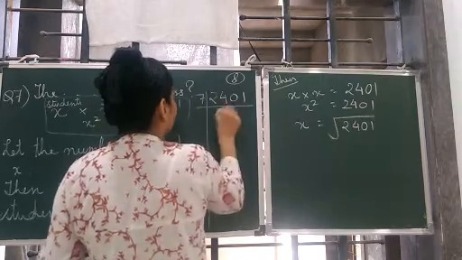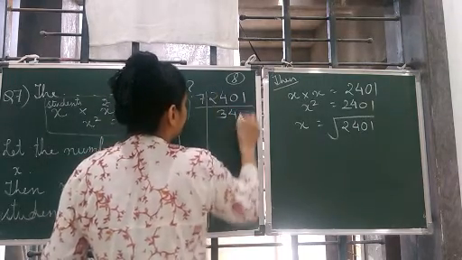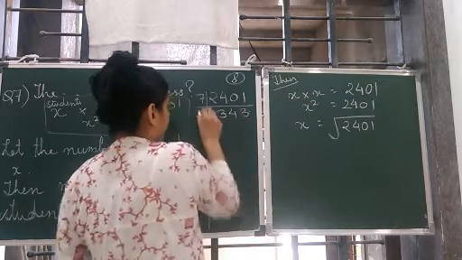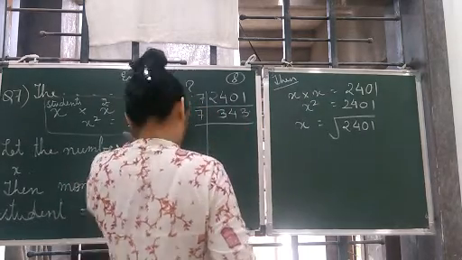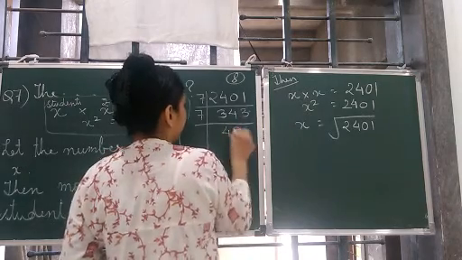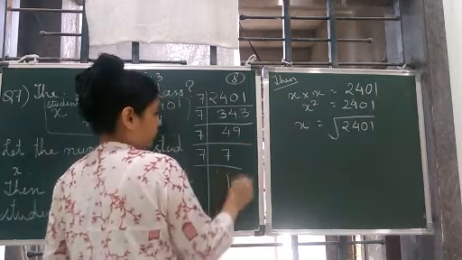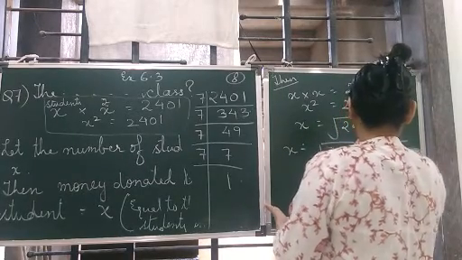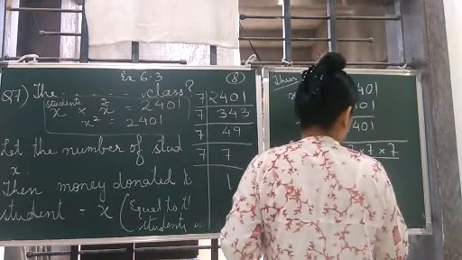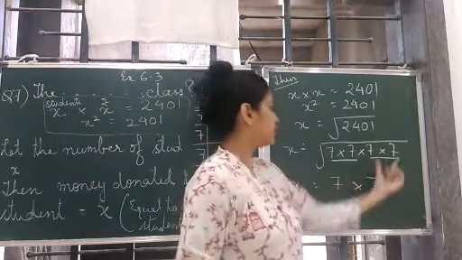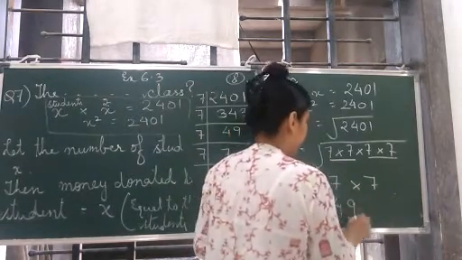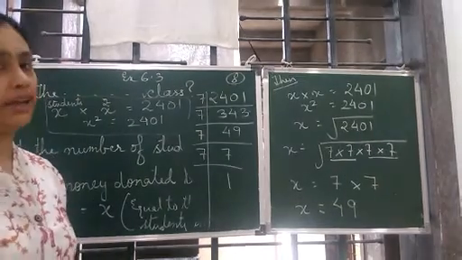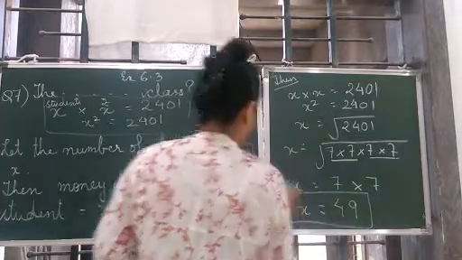Yes. 7 3s are 21. 4s are 28. 7s are 3s are rupees. Okay, so this is the answer.